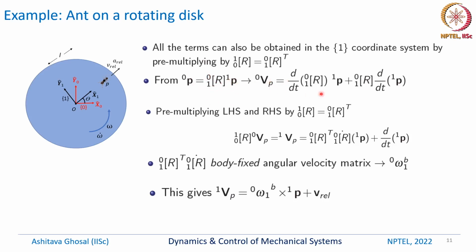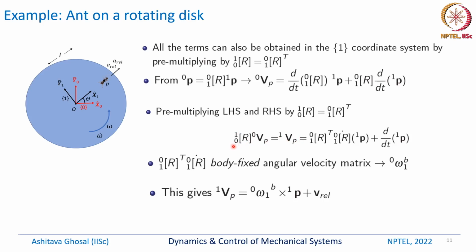The velocity vector was given by the derivative of this expression, which is d by dt of r, and then R times d by dt of p. If you pre-multiply both sides of this equation by R_10, you have R_10 times 0 vp. This is nothing but the velocity of the point in the 1 coordinate system.